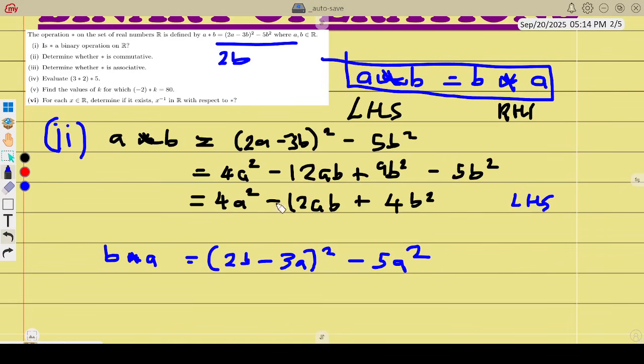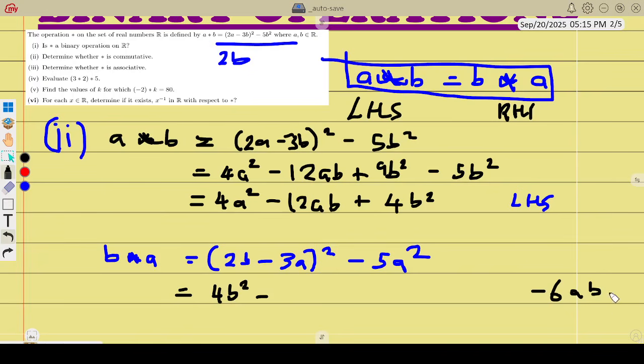We've seen what we got on the left hand side, so now let us test the right hand side. 2B times 2B is 4B squared, minus 2B times 3A, that's 6AB.